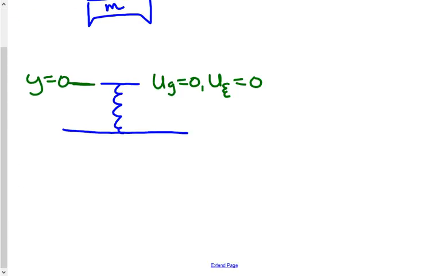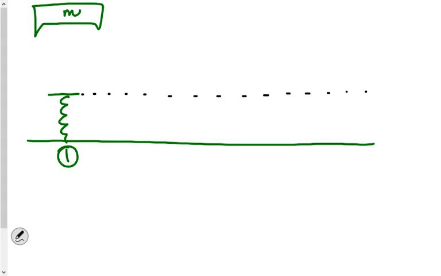I'm just going to go to a different slide. So here's going to be the ground level the whole time. Here's my initial condition, when my mass is just hanging out up there. So this is situation 1. And remember, this height here all the way across is going to be y equals 0.